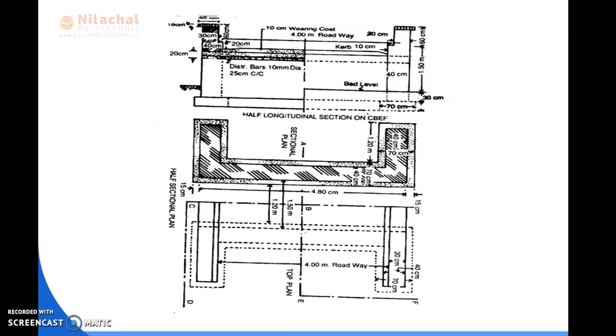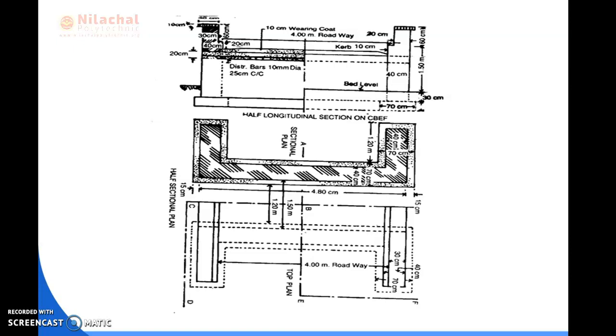The parapet lies on the abutment section. So the length of the parapet we consider from the abutment section, and the breadth and height of the parapet we consider from the half longitudinal section CVEF.